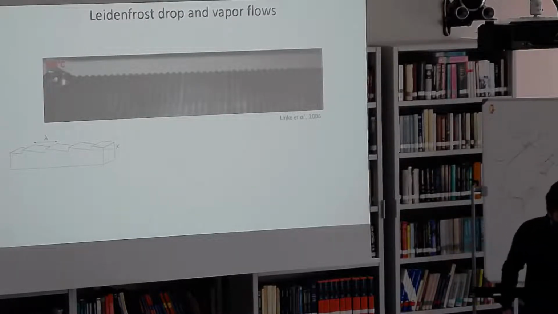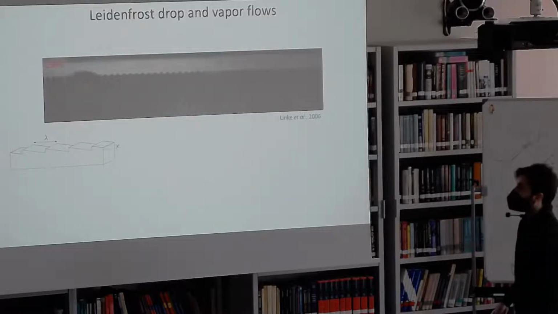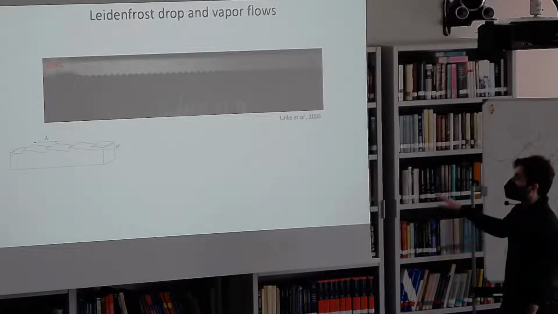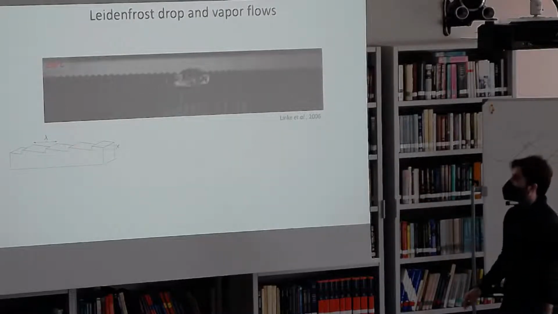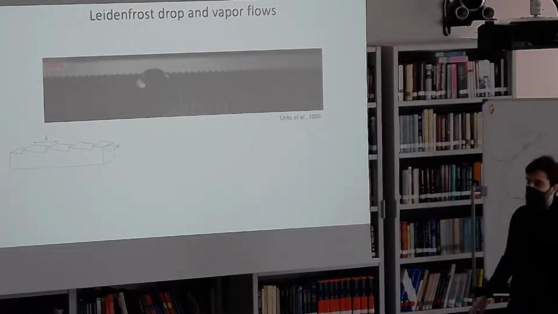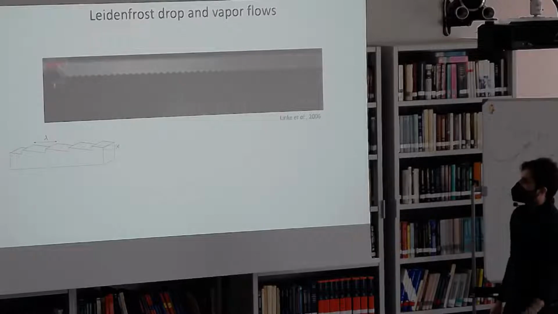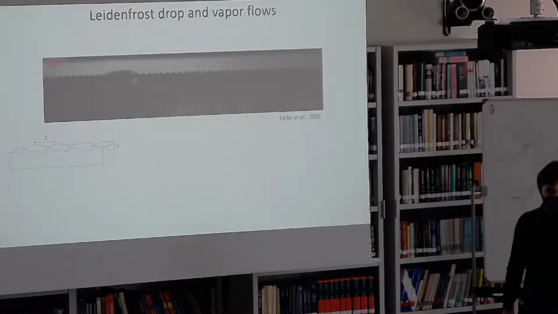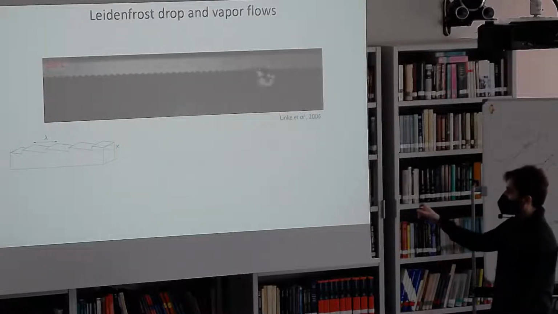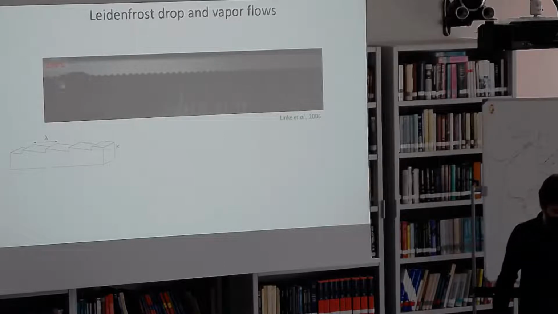You heat your substrate, you have levitation of your droplets, but more importantly, the drop is also directed in a particular direction. So here everything is flat. Everything is horizontal somehow for the substrate. You have no slopes, but when you deposit the droplet, it is in levitation and is directed in the direction of the large teeth of the substrate.